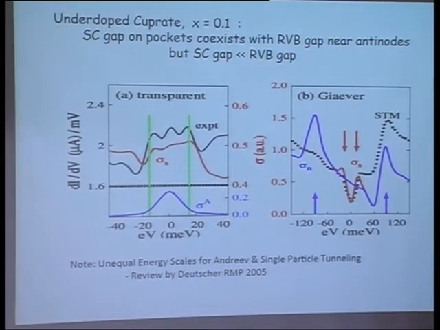So you see, the key point is that this voltage scale here for Andreev is much less than the voltage scale corresponding to the separation of these single particle gaps.